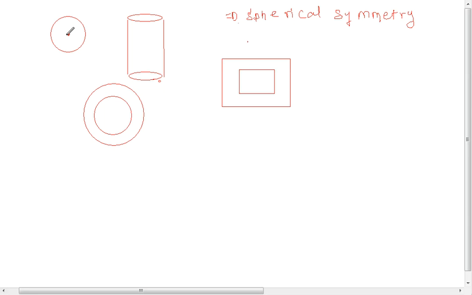The mass is distributed only in this region, and here there is no mass. So where is the center? This point will be the center of mass, the spherical center of this hollow sphere.